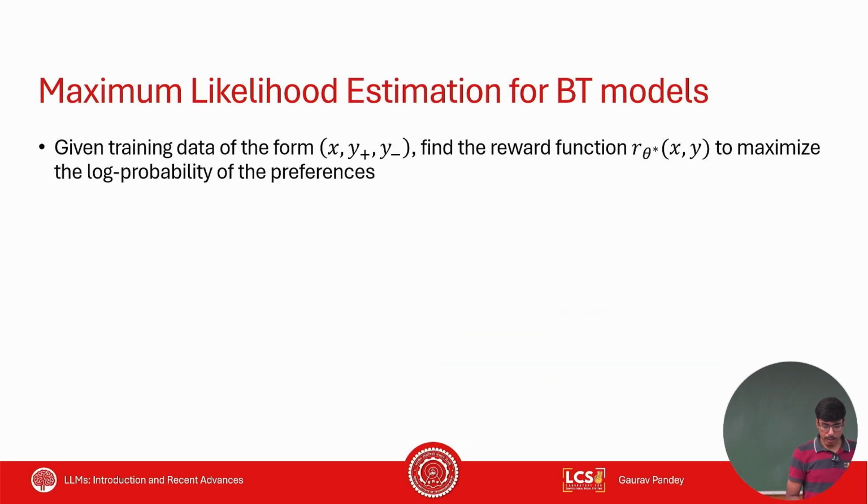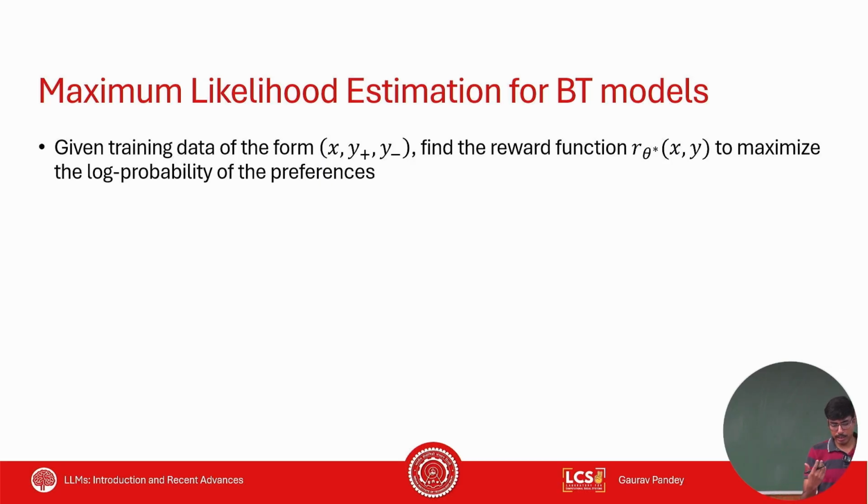Let's say you have data of the form x, y plus, y minus. y plus is your preferred output, y minus is the unpreferred output, and you want to find the optimal reward model r theta star to maximize the log probability of all the preferences that you observe. How will you do it? Just like you would fit a statistical model to Gaussian data, you will similarly fit a statistical model to preference data.